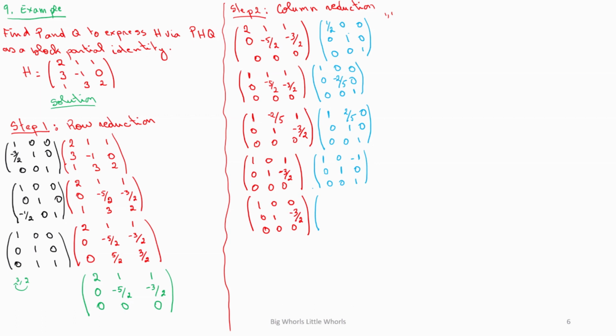Okay, so here is going to be the elementary reduction matrix: 0 1 and 3 over 2, 0 0 1. Once again, the 3 over 2 in the elementary reduction matrix is in row 2, column 3.